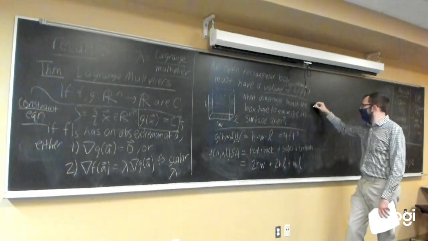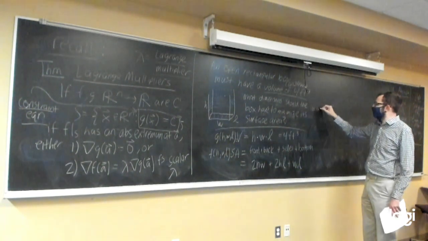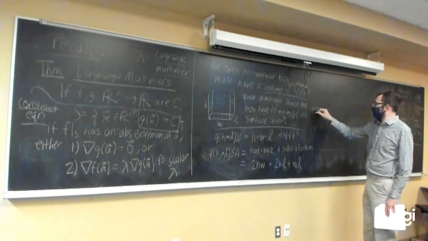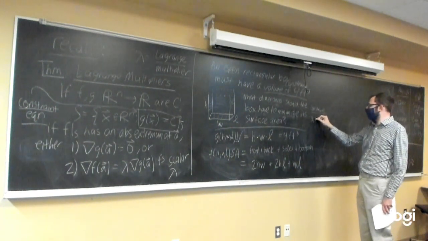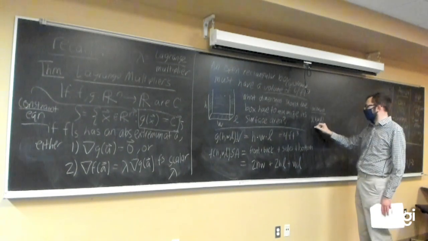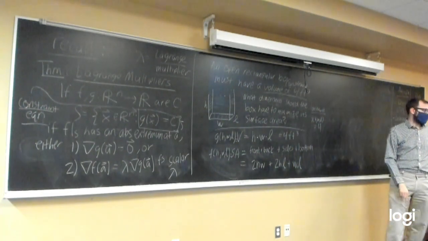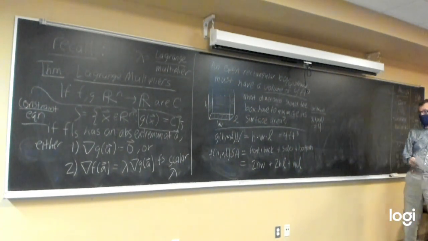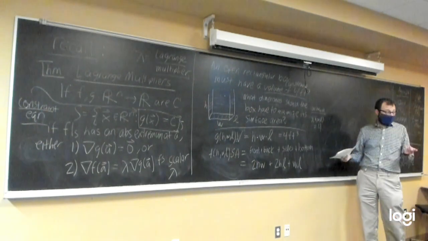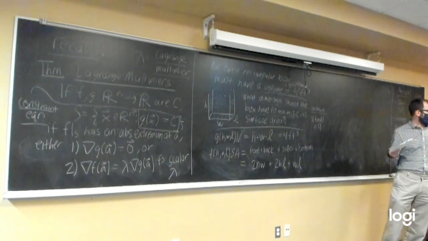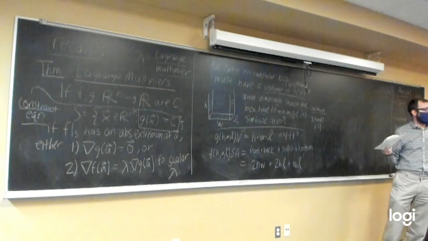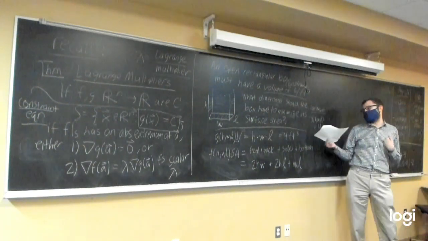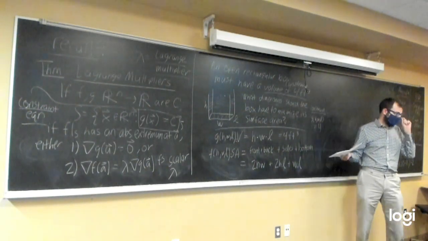and our constraint that we're given is going to be that G of H, W, L is equal to 4, corresponding to the fact that in the problem we only care about boxes whose volume comes out to 4 cubic feet.